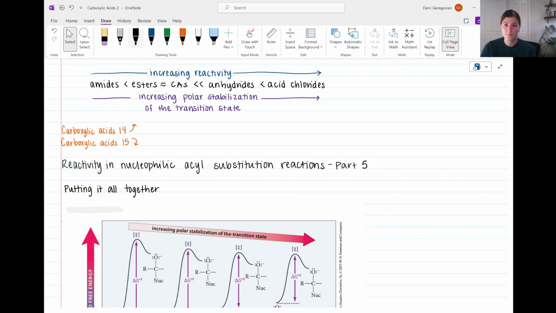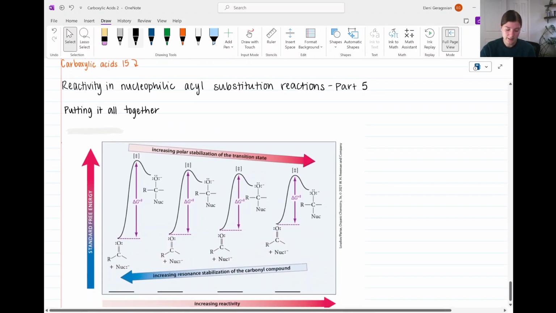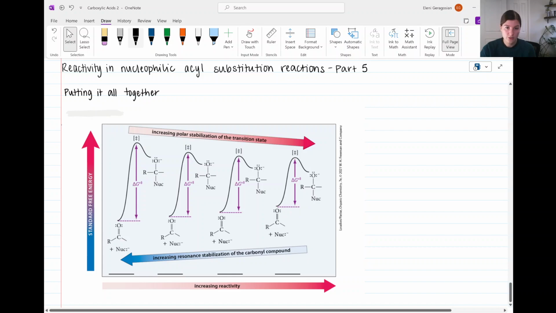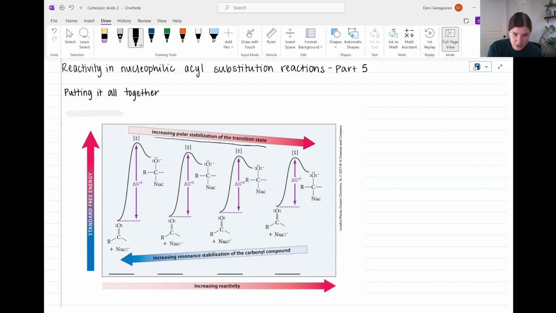molecules in between. So if we look down at this plot here, the lowest energy transition state, which is a result of the increasing polar stabilization of the transition state, is for acid chlorides, and the lowest energy one is shown at the end here. So that means right here belongs a chlorine for the transition state for nucleophilic addition for acid chlorides.